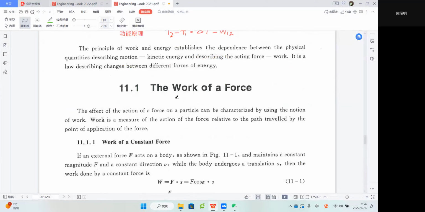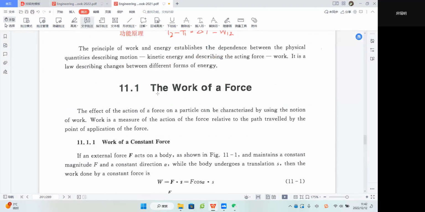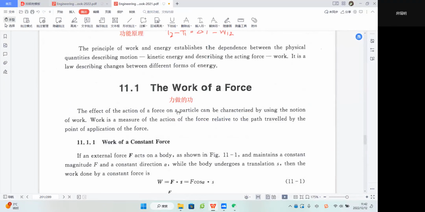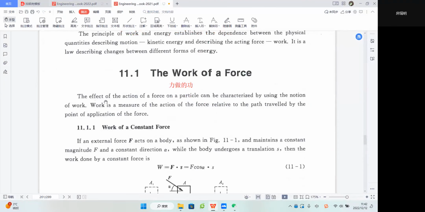Let me talk about the work of a force. We call that 力做的功。The work of a force, we call that the effect of the action of a force will be characterized by using the notation of work.